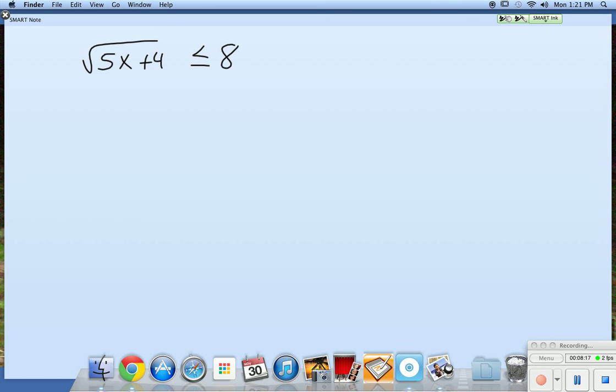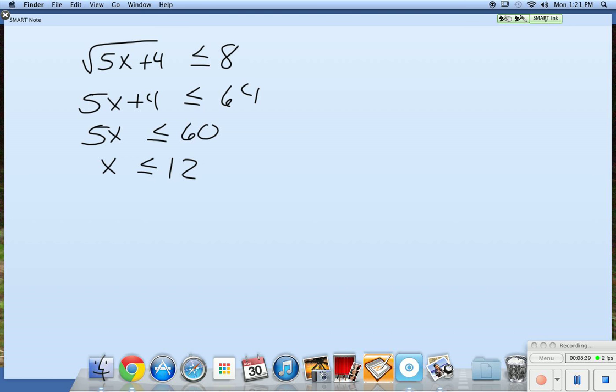All right. We're going to square both sides, just like we did before. 5x plus 4 is less than or equal to the square of 8 is 64. 5x is less than or equal to 60. X is less than or equal to 12, right?